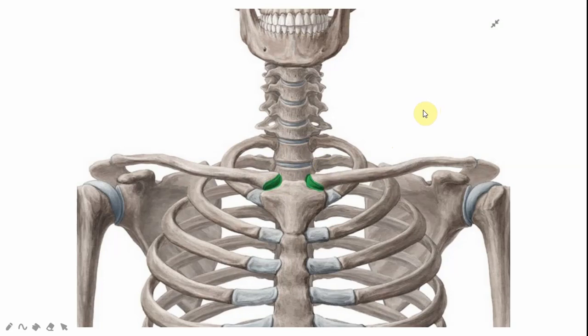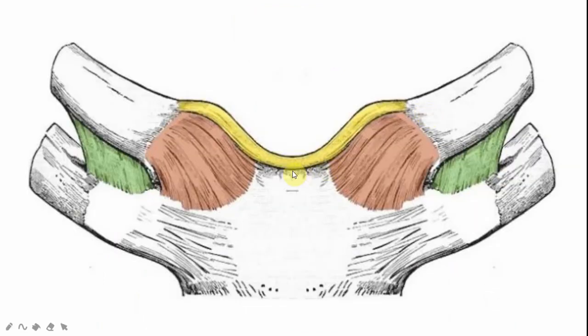All right, so let me show you a little bit more anatomy. This is the same presentation as the previous skeleton. We have put in some of the ligaments. There is some ligament here, and this is called the interclavicular ligament between the two clavicles, and this is the sternoclavicular ligament.